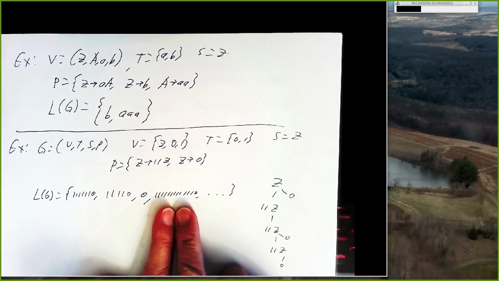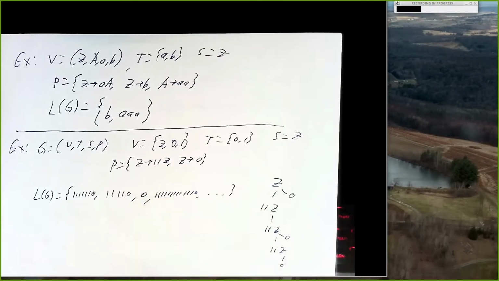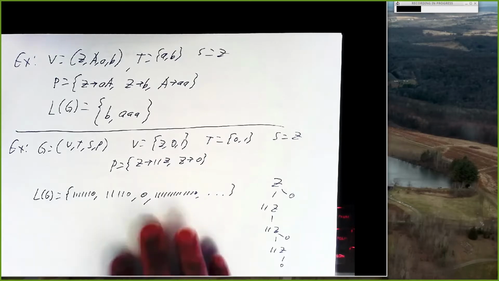We can find a word in this language that's 1,000,001 characters. It's 1,000,000 ones followed by a 0. But each word is still finite in length. There's no limit to how large a word could be found in this language.